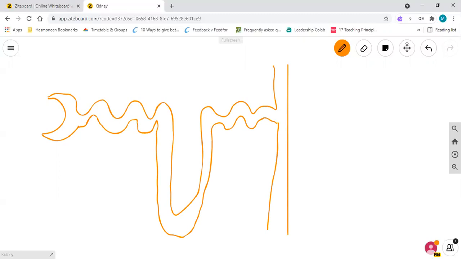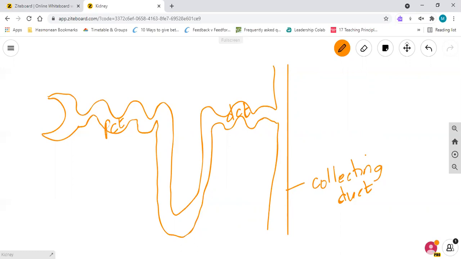So we already said before we labeled this, we said that was the collecting duct. Other bits that we need to know, this bit over here is called the PCT, and this bit over here is called the DCT. PCT stands for proximal, which is like front, convoluted tubule. DCT stands for distal, i.e. the one further back, convoluted tubule.